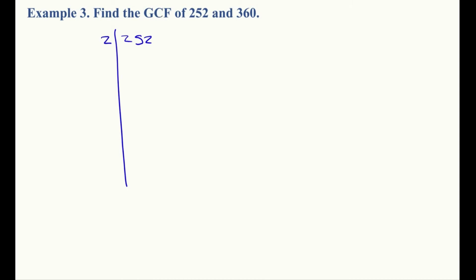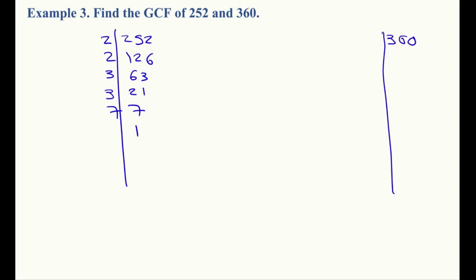2 gives us 126. 2 gives us 63. 3 gives us 21. 3, 7, and 7, 1. Now for 360, we start with 2, which gives us 180.